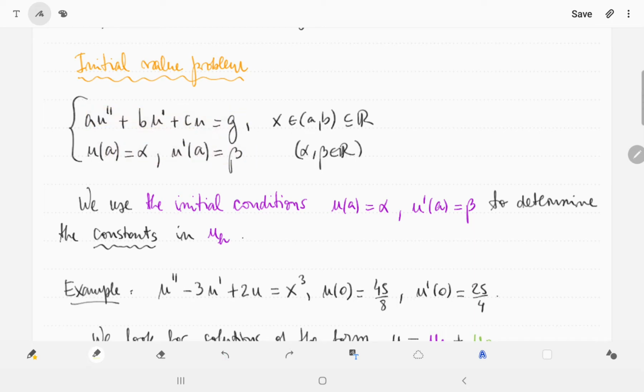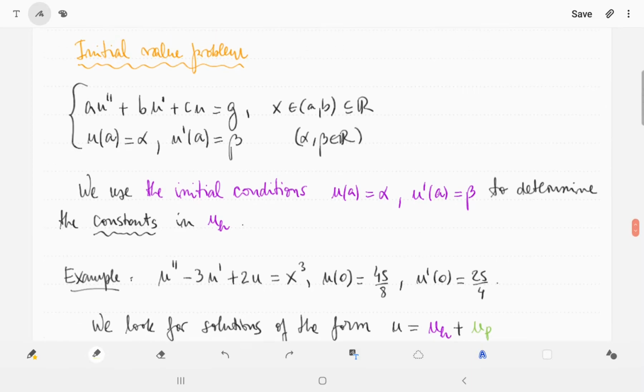If I have an equation of order 1, then I have 1 condition. And if I have an equation of order 3, then I have 3 conditions, and so on. We use the initial conditions to determine the constants that appear in the homogeneous part.